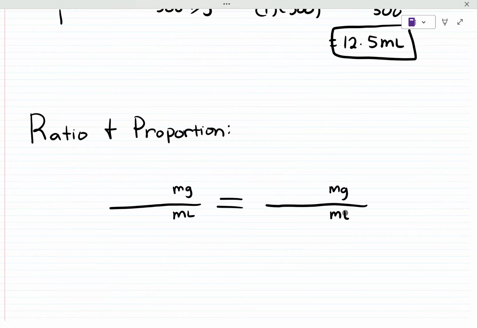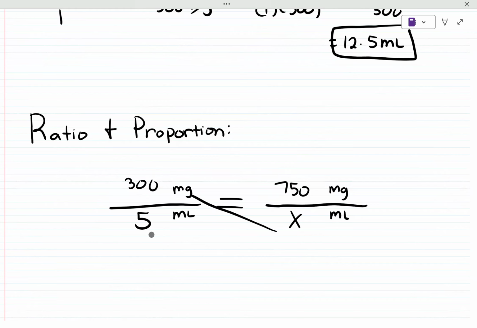There's no double conversion because everything is in milligrams and milliliters. So we have 300 milligrams for 5 milliliters, and that's our availability, right? That was supposed to be given. So for 5 milliliters, there's 300 milligrams, and then we were given 750 milligrams. We want to know how many milliliters, so that's our unknown.